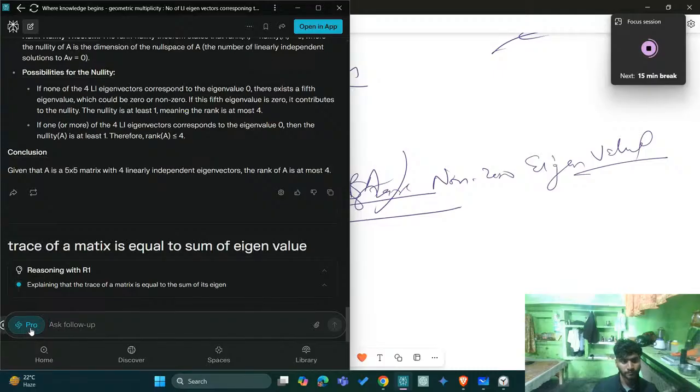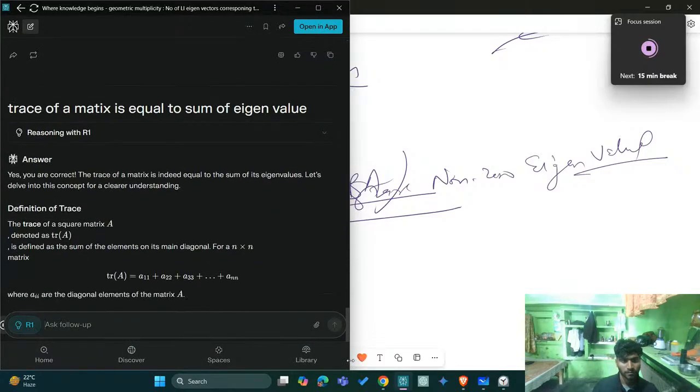Is this true? Yes, you are correct. Trace of a matrix is indeed equal to the sum of eigenvalues. Trace of A is equal to the sum of eigenvalues of A.